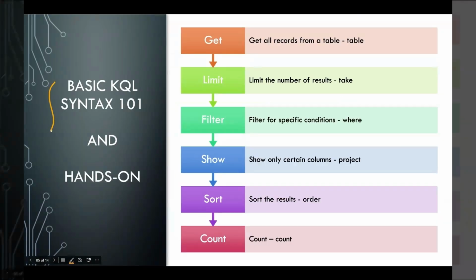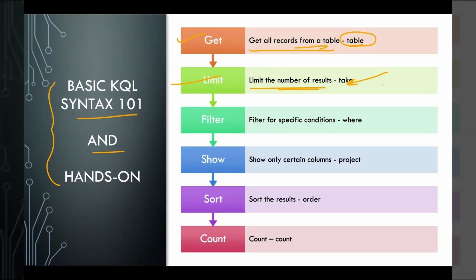And then basic KQL syntax and hands-on. Let's break it down with a few simple syntax examples. First, get all records from a table: for that we use the table name. Then limit the results: you can limit the number of results using take, like take 10 or take 5 or whatever number you want to give.